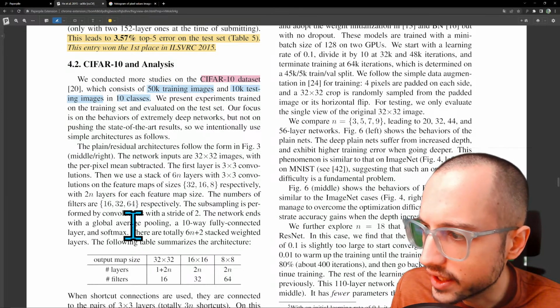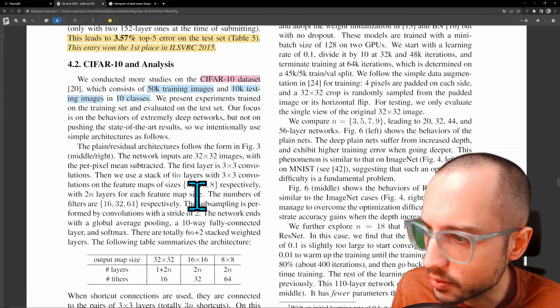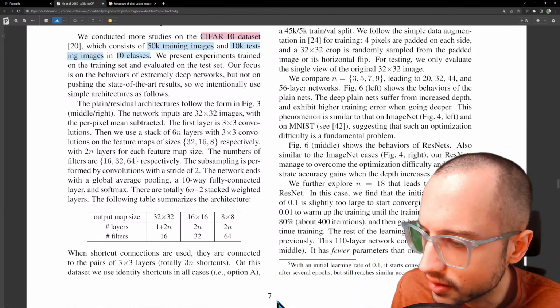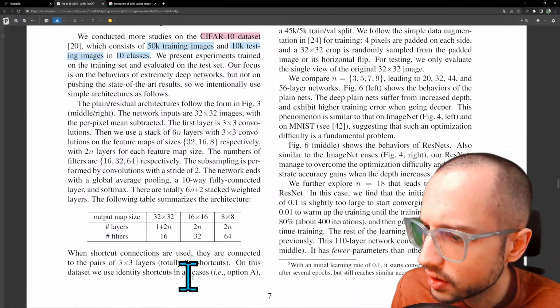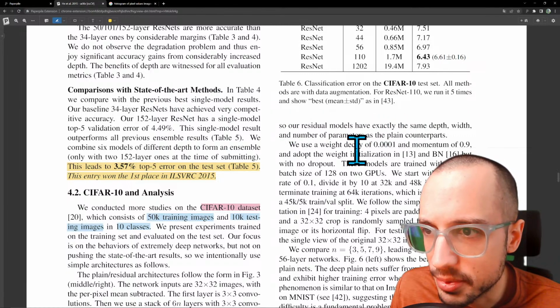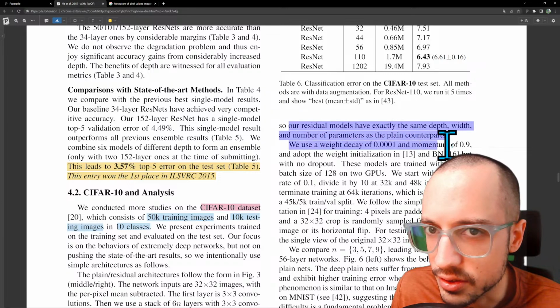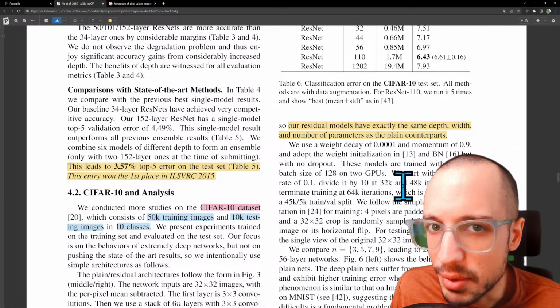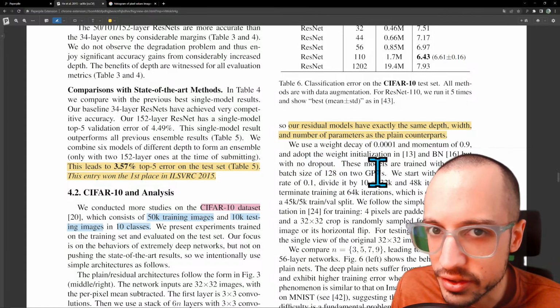Here's their little tiny convnet that they're making, and then they're adding residual connections to this tiny convnet. Our residual models have exactly the same depth, width, and number of parameters as the plain counterparts. So good. They loved that. These models are trained with a mini-batch size of 128 on 2 GPUs.